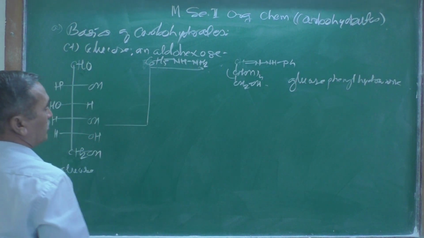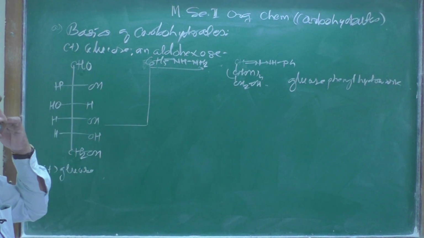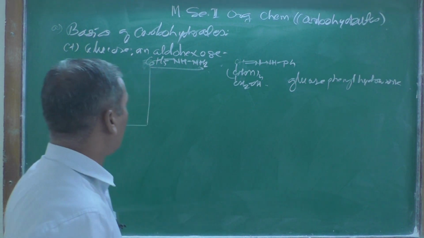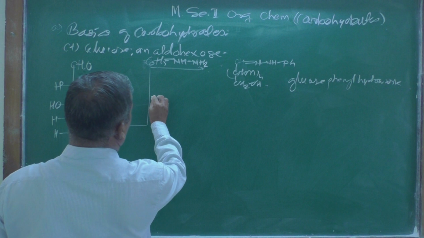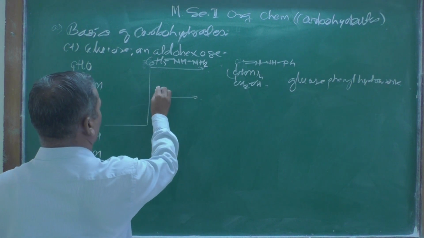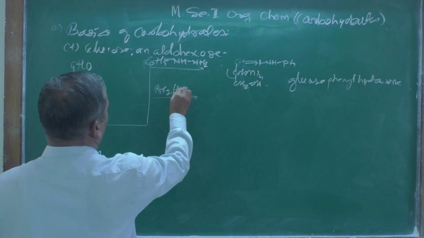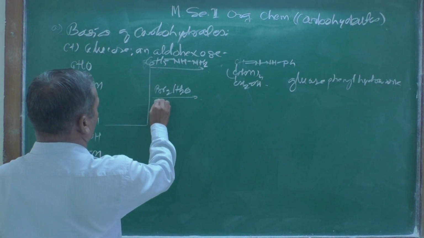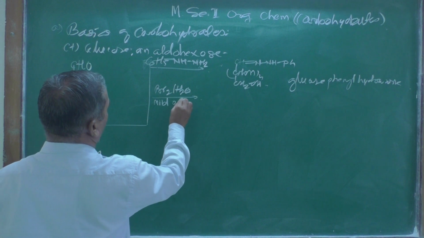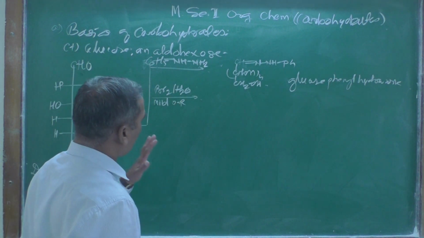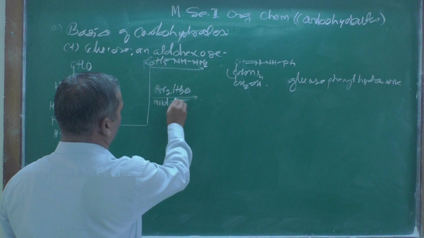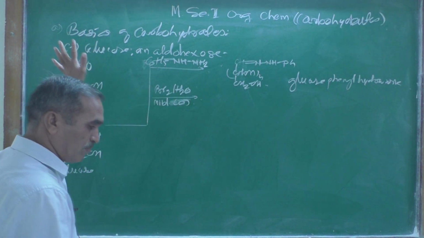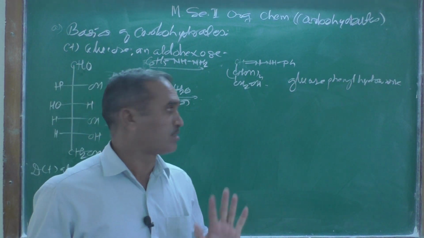One more very good reaction: we have Br2 in the presence of H2O, water. This is a mild oxidizing reagent, and it will oxidize the aldehyde group while the remaining part remains as it is.